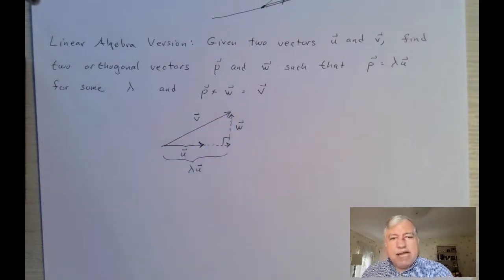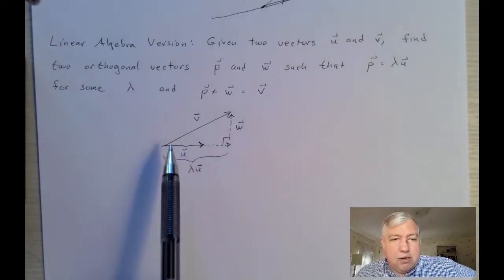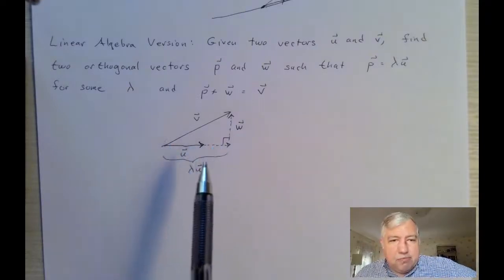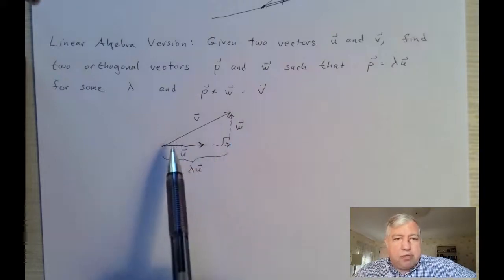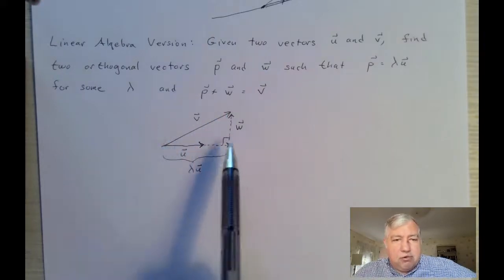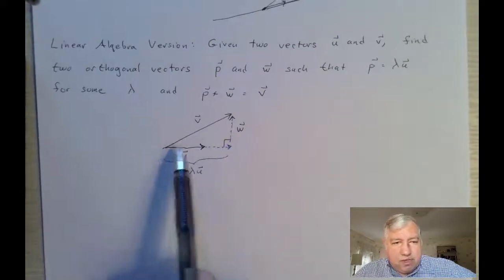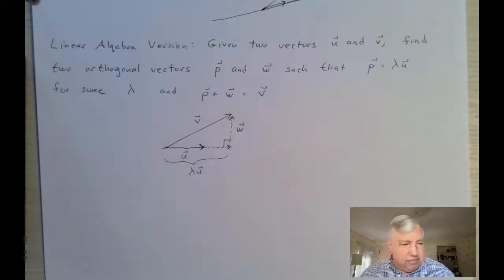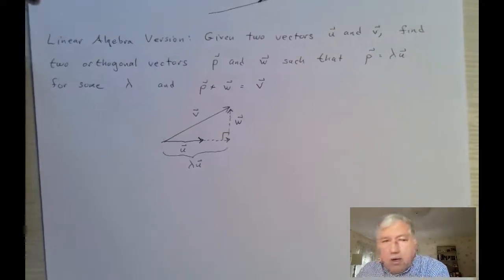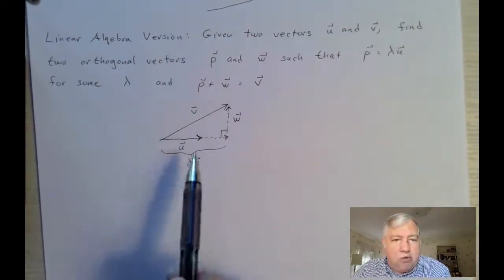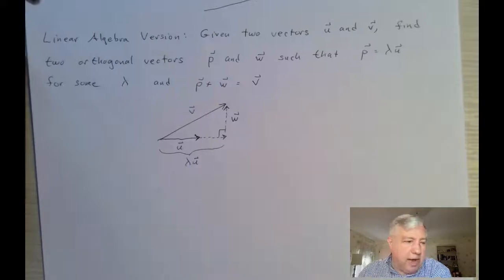The official name for this is the orthogonal decomposition of v with respect to u, and what we're actually doing is projecting v onto u. We're getting a little bit ahead of ourselves, but let's just say, how can we find this real number lambda first?